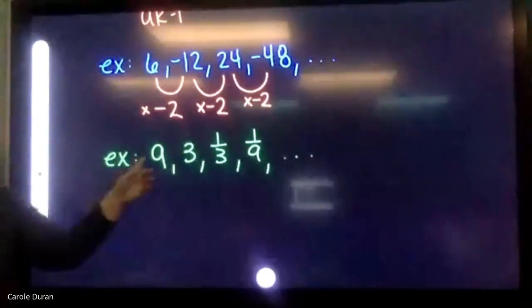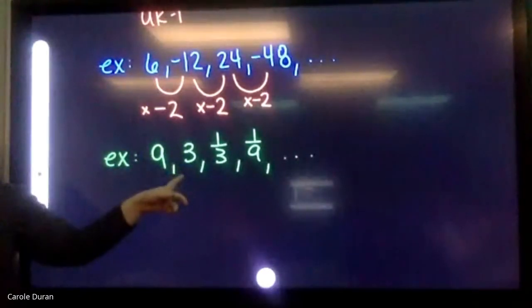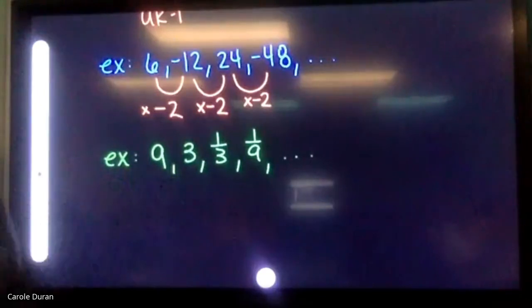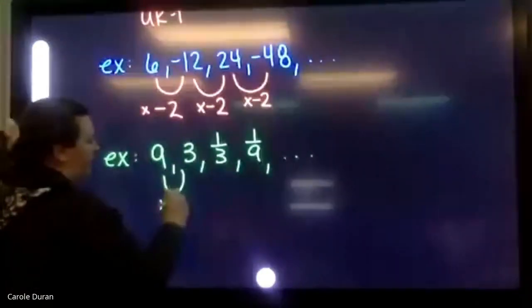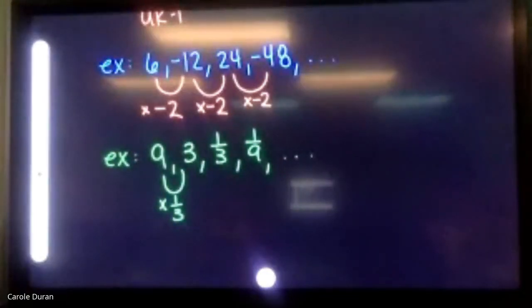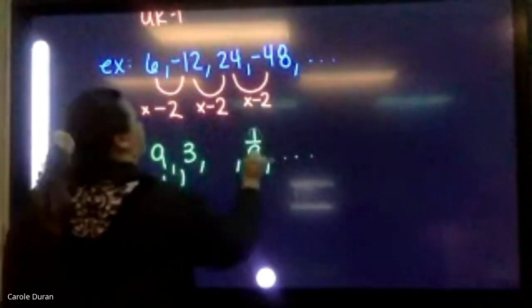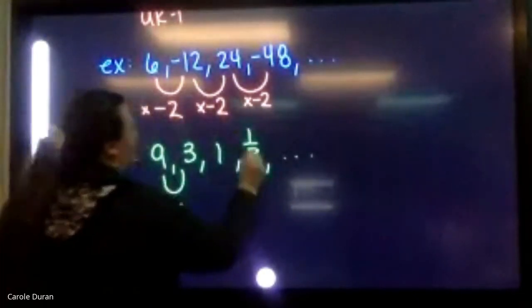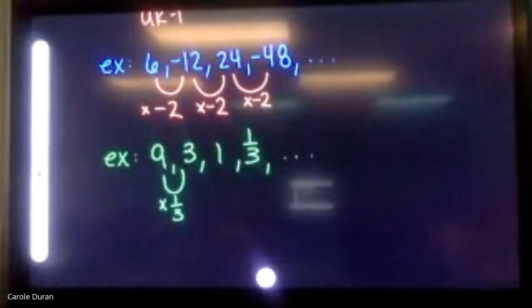So what am I dividing by from term 1 to term 2 here? 3, which is the same as multiplying by a positive 1/3. So we indicate division as a multiplication of a fraction. Then from term 2 to term 3, same thing.